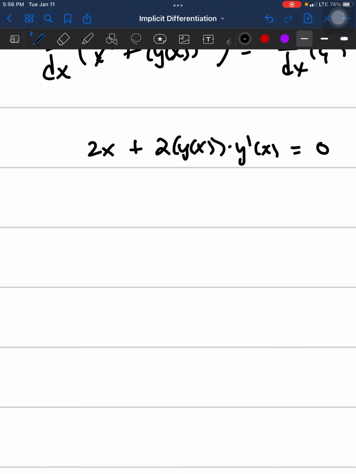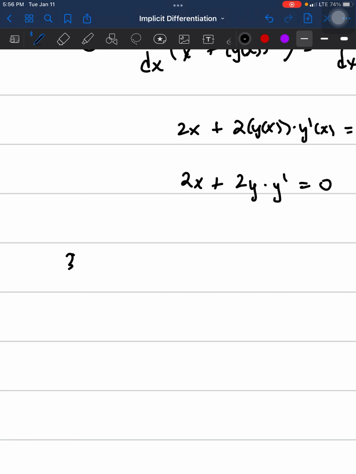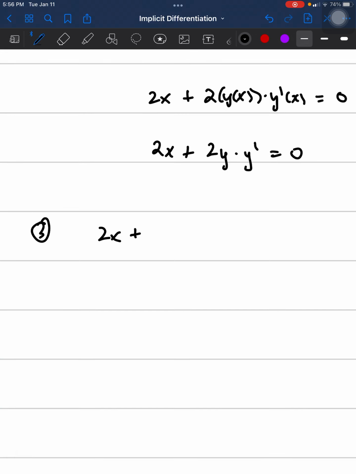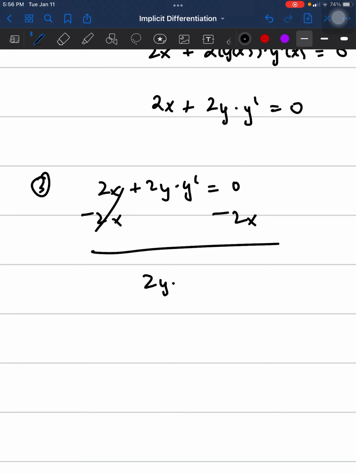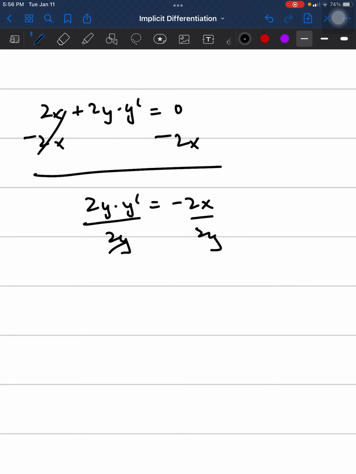Now we can rewrite this a little so we don't have all of these parentheses. We can just write 2x plus 2y times y prime equals 0. It looks a lot simpler, and we can now simply solve for y prime. When we solve for y prime, we subtract 2x on both sides, then divide by 2y to cancel out.